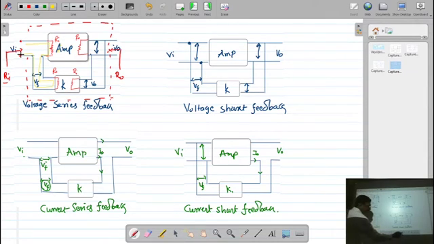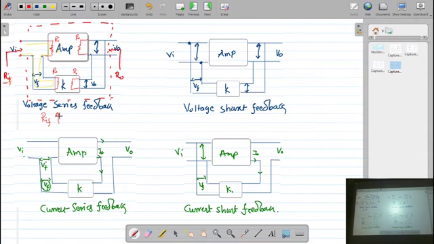Again, here, if you see the resistance at this point, then this Ri is in series with the output resistance of the feedback network, and if you measure the resistance, that is called Rif. Remember, this is Rif. So here the two resistances are in series. So you can say that the Rif is going to increase, meaning the input resistance of the amplifier is increasing.